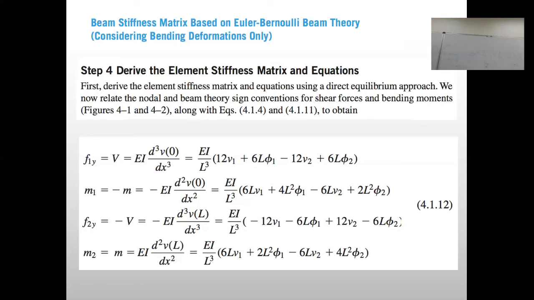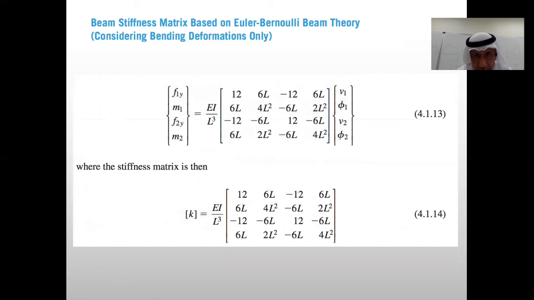On the left-hand side you have F1, M1, F2, M2. Now you need to pull out what? V1, theta1, V2, theta2. Anything that is left will be the stiffness. Oh, it's here. Yes, 12 EI divided by L cubed. So this is the stiffness.